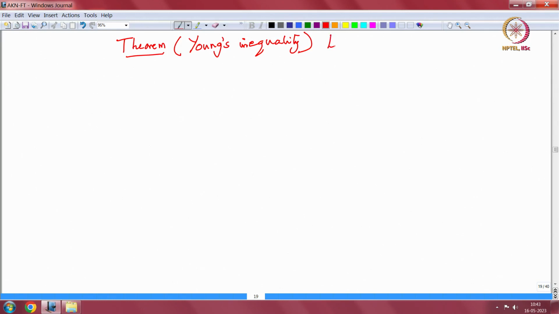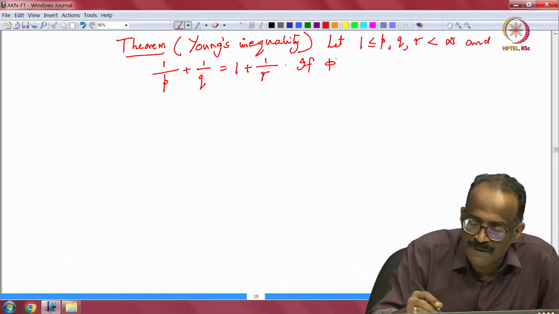So, let 1 less than or equal to P, Q, R less than infinity, and 1 by P plus 1 by Q is equal to 1 plus 1 by R. Okay. So, P, Q, R are any numbers satisfying this. Of course, if R equal to infinity, this is 0, this is 1, that is different, which you know.